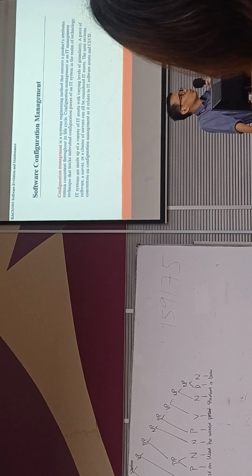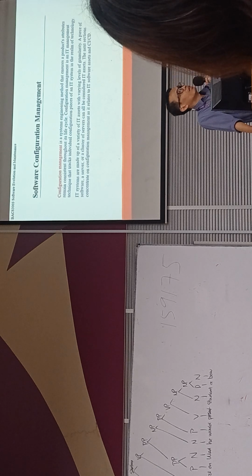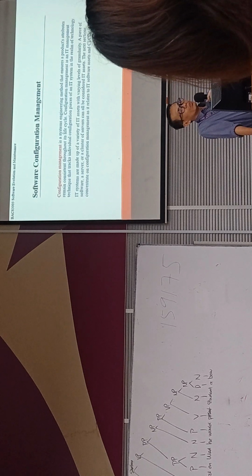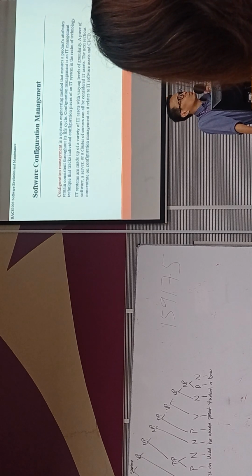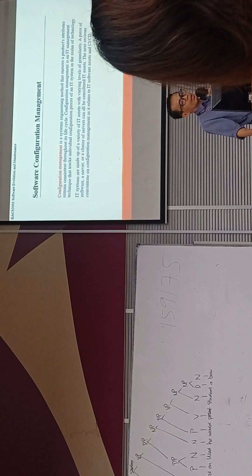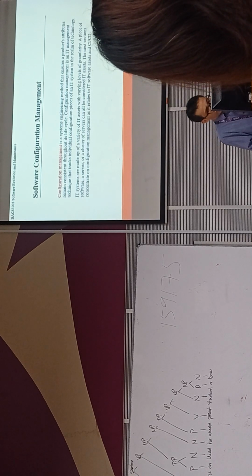Therefore each design should also have an identifier. Even every single module you need to have an identifier, so that we can trace and relate. Now come to this one.